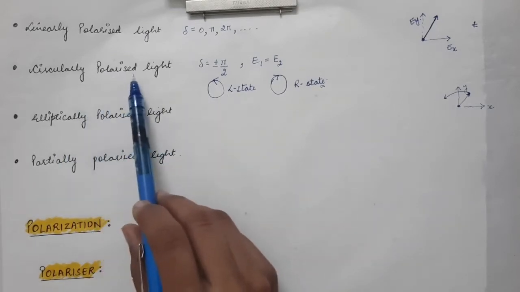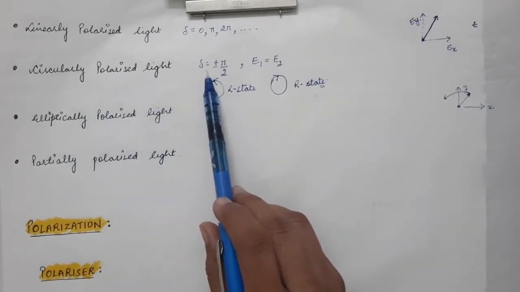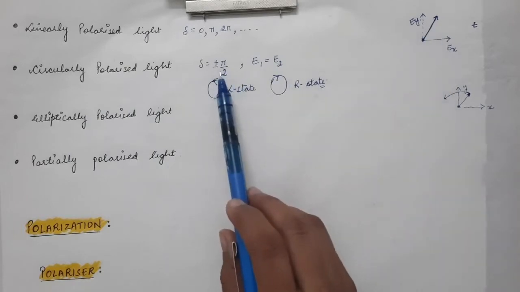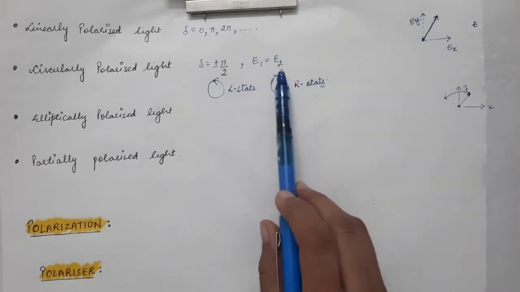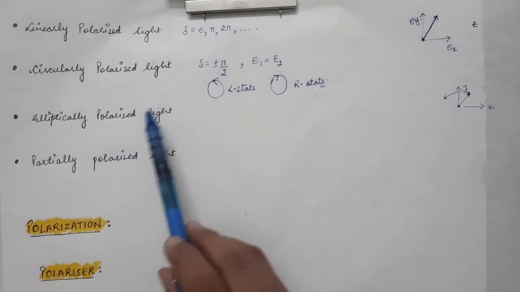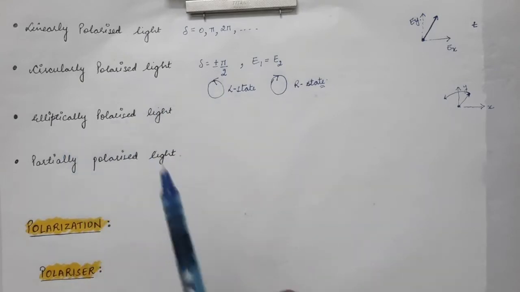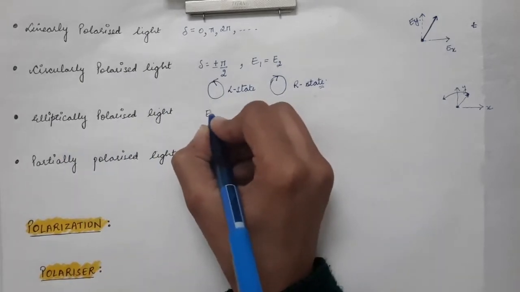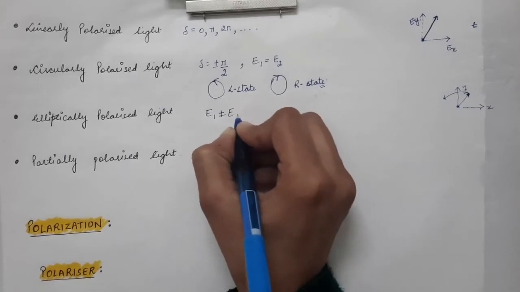So circularly polarized light comes when the phase difference between the two electric fields is equal to plus or minus pi by 2 and the amplitudes are exactly equal.